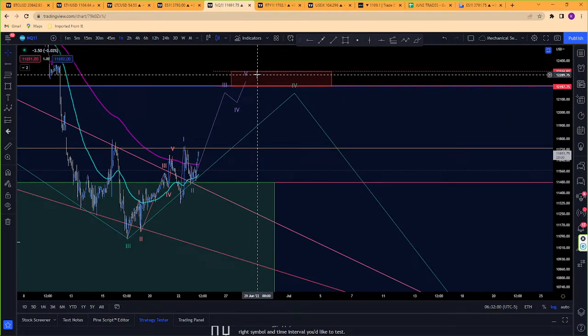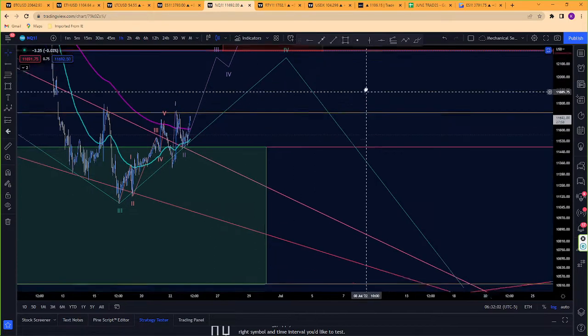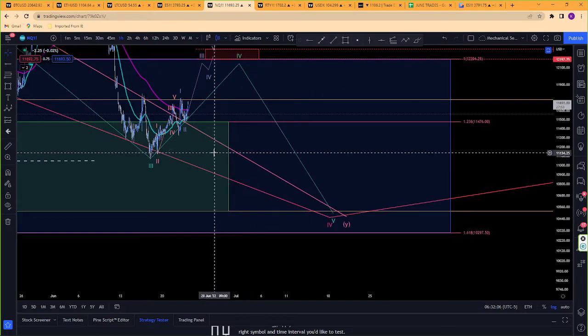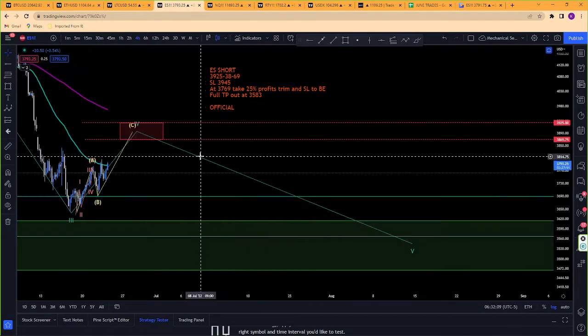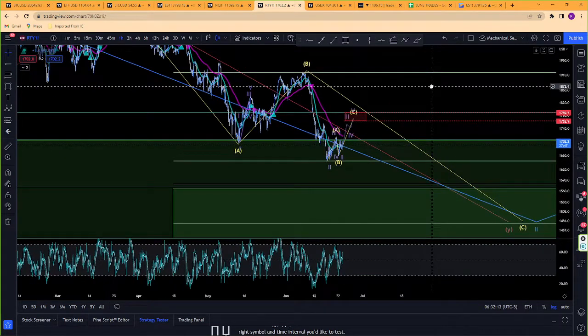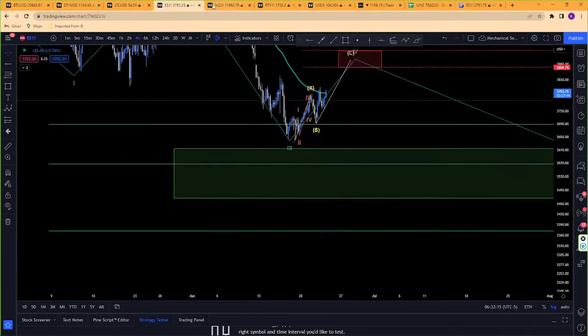Not quite as confident in this one, just simply because we hit a pretty big demand zone down there, guys. Okay, ES hasn't quite touched its major demand, and neither has the Russell. So I feel good about Russell and ES.